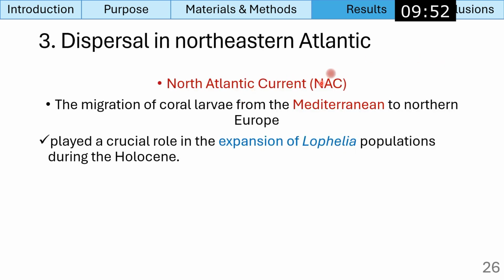So the NAC and the migration of coral larvae from the Mediterranean to Northern Europe show there is a crucial role in the expansion of Lophelia populations during the Holocene.